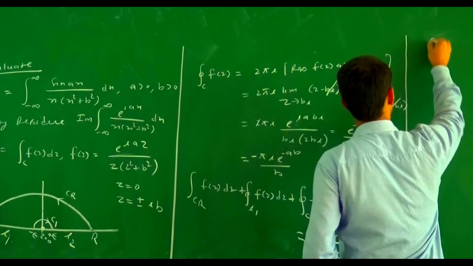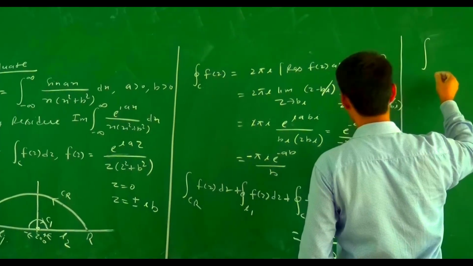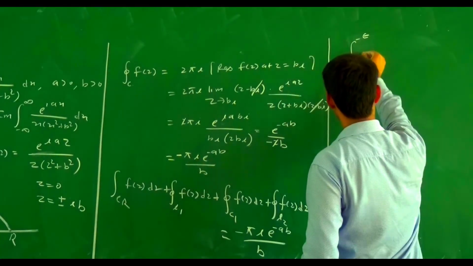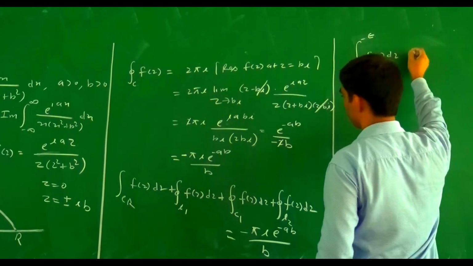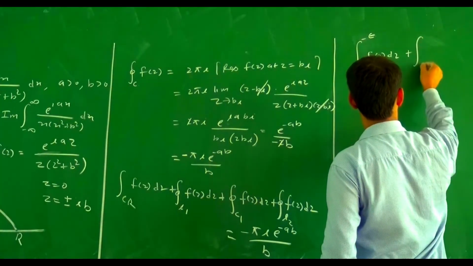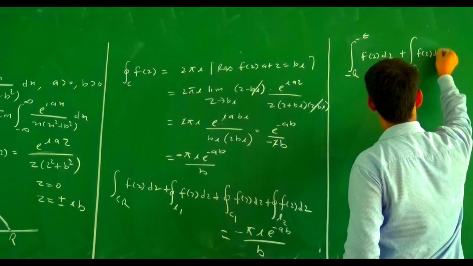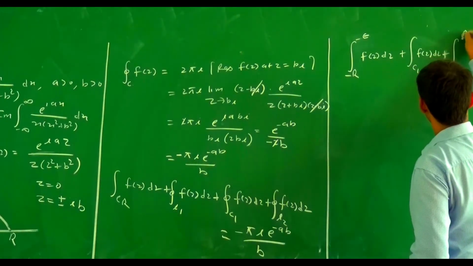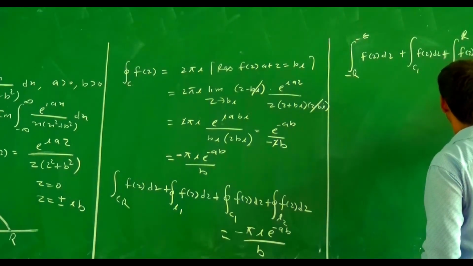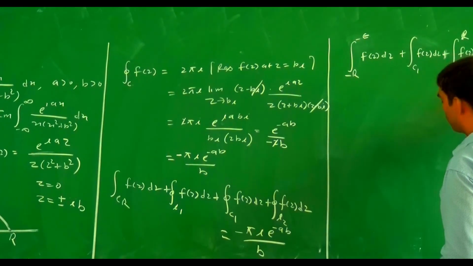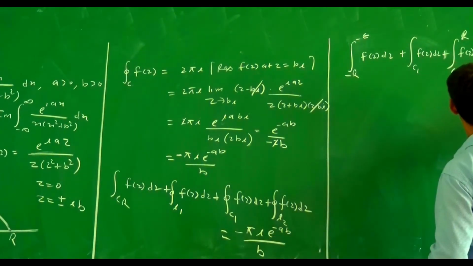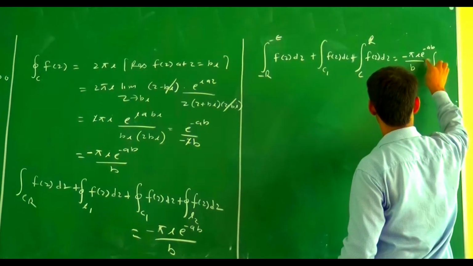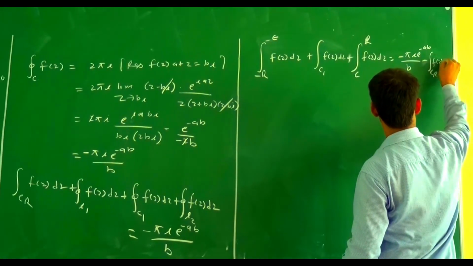So this becomes the integral from minus R to minus epsilon of f(z) dz, plus the integral over C1 of f(z) dz, plus the integral from epsilon to R of f(z) dz, which equals minus pi i e to the power minus ab divided by b, minus the integral over CR of f(z) dz.